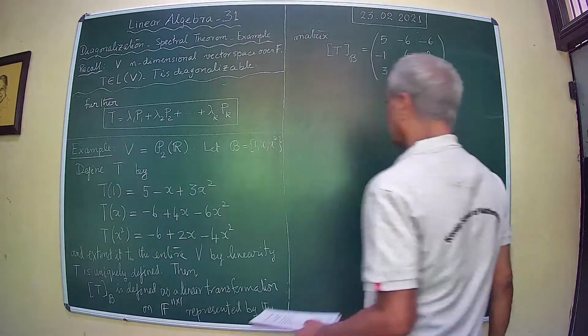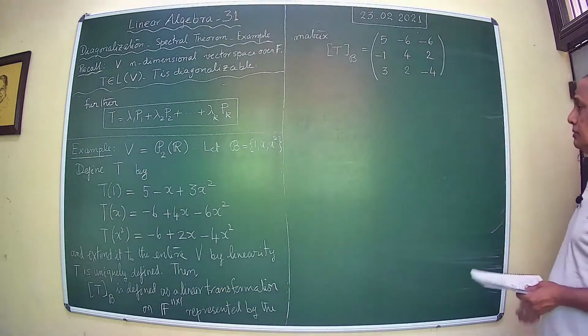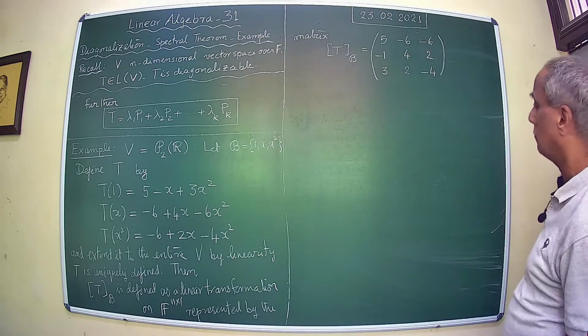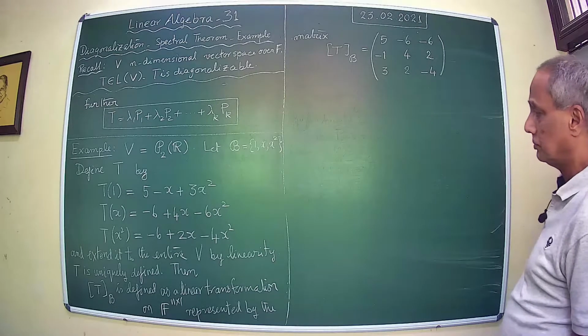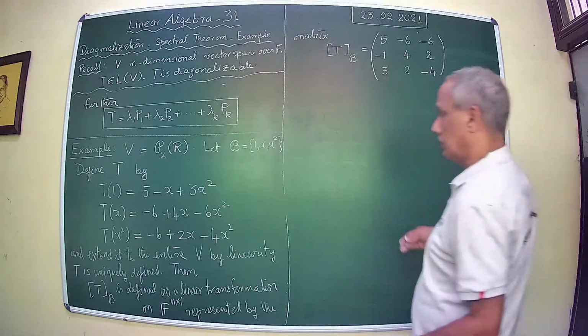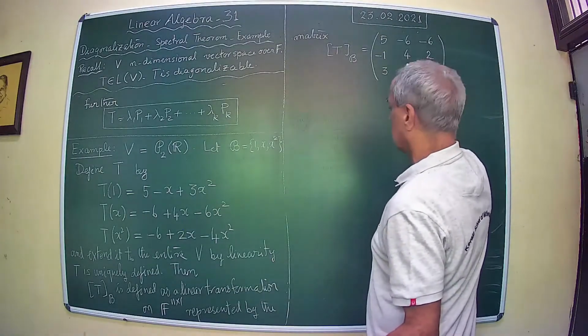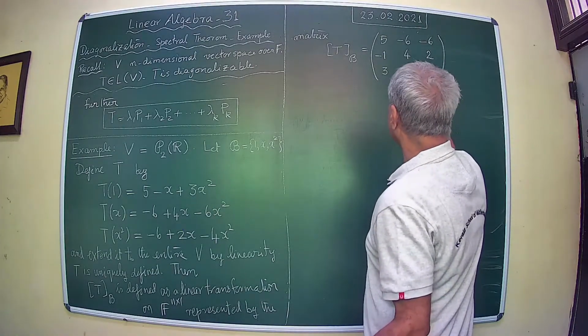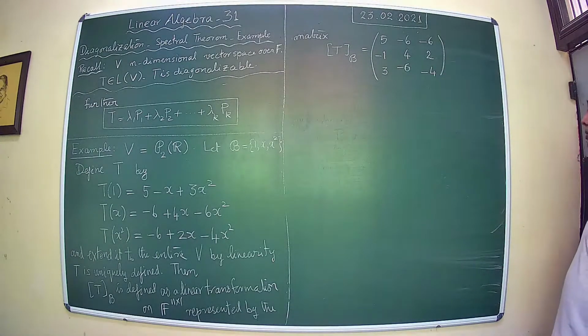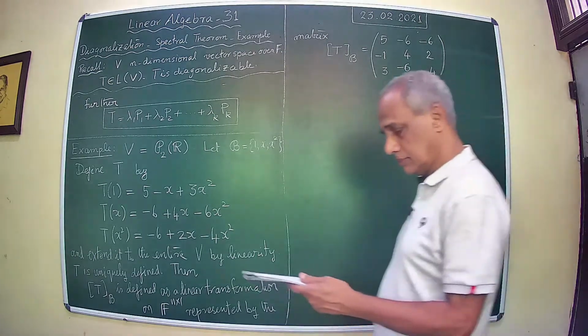This is the representation. 5, minus 4, 3, minus 6, 4, 2. I made a mistake here. Minus 6, minus 6, 4, minus 6, then minus 6, 2, minus 4. Okay. That's the matrix.